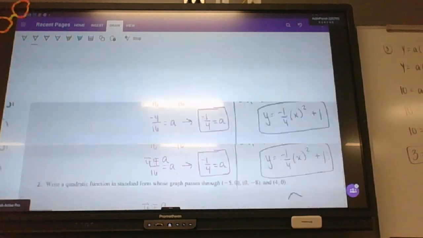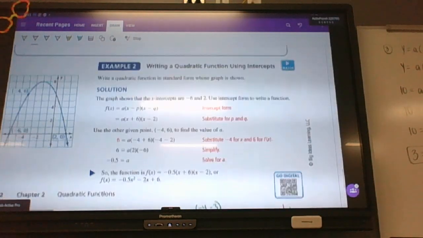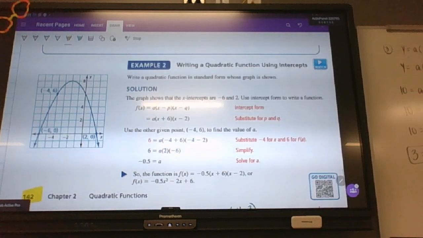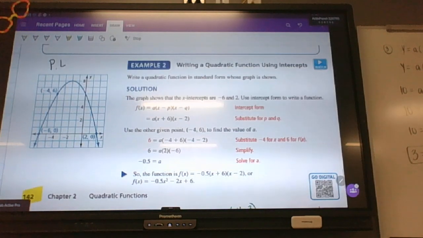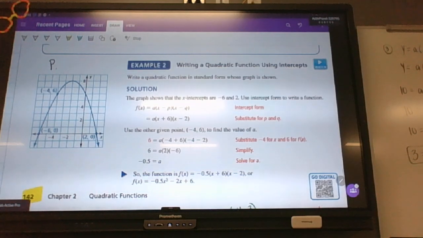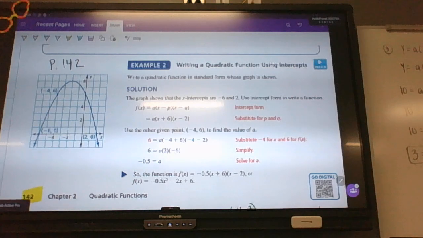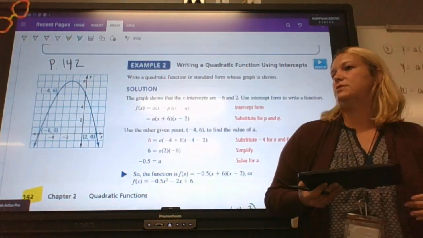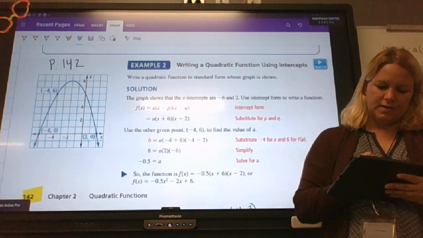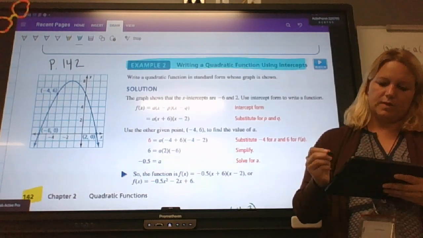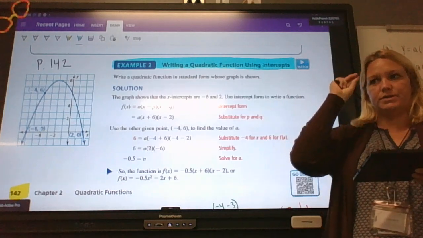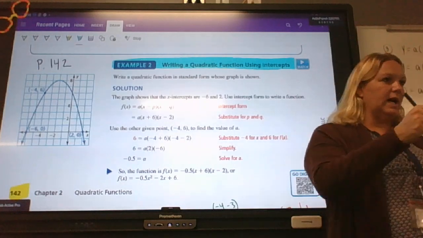It's page 142. I'm not giving you step-by-step notes on this. I'm referring you to the textbook example. I want to encourage you to refer to your examples. If you want, fold over the page so you remember this was an important example, and highlight it.